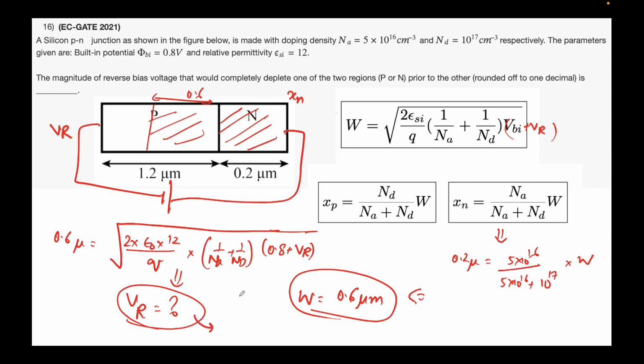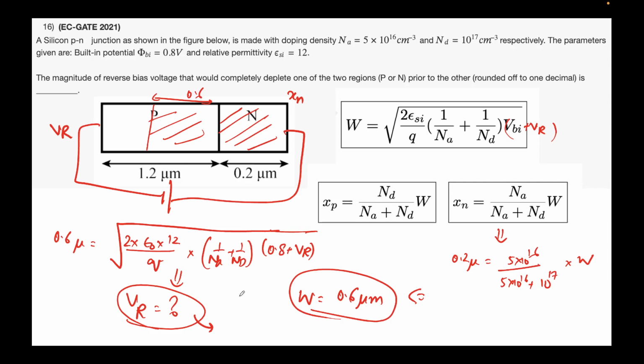So let's try to do that. Let's try to find out the value of this VR. Okay. So we must calculate what's under the square root. So that 8.85 into 10 to the minus 14 into 12 divided by Q, which is 1.6, right?